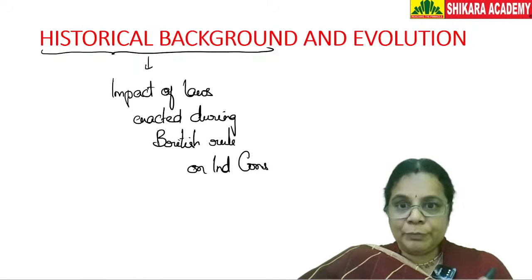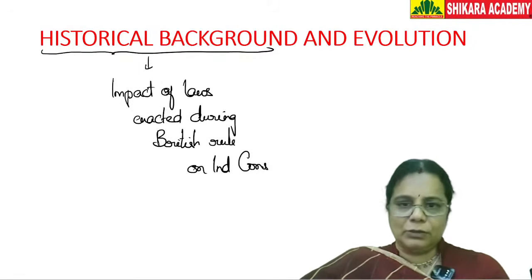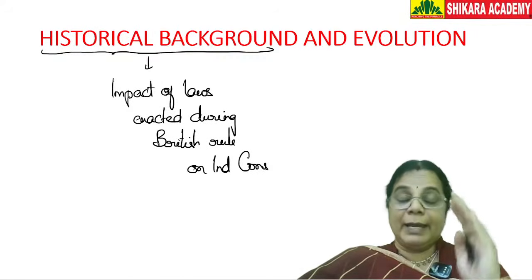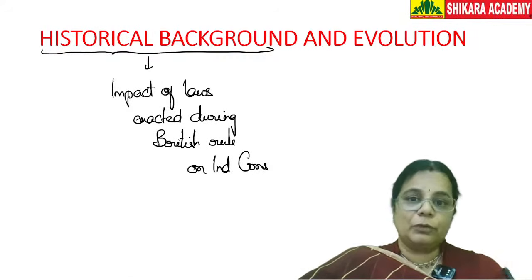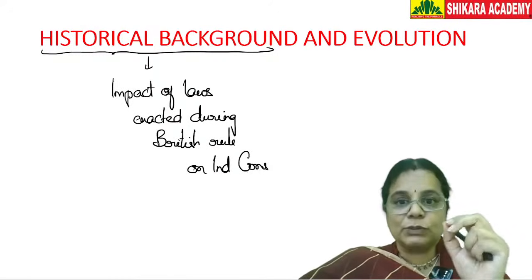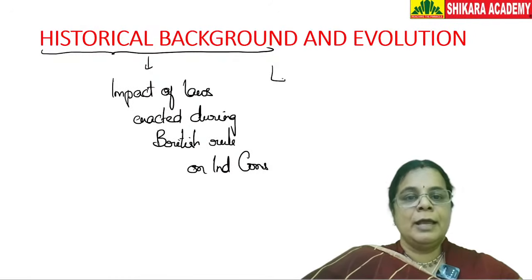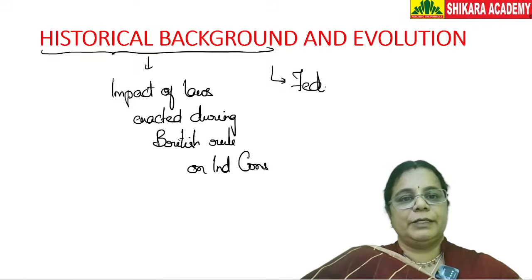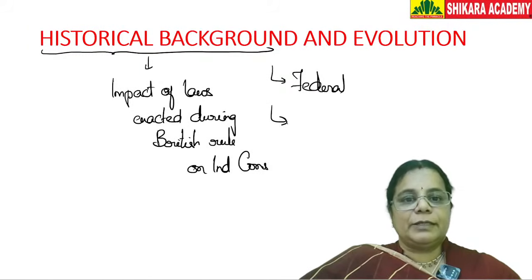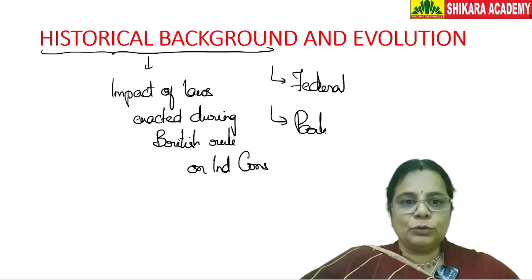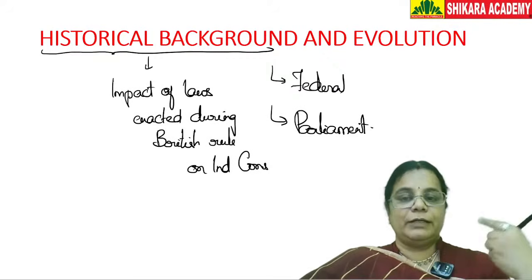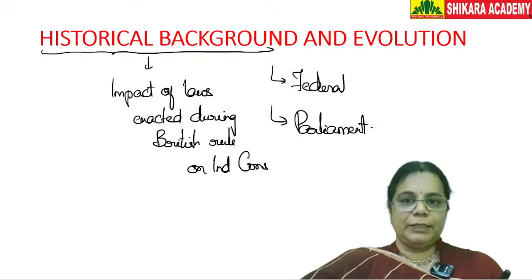the constitution. Remember, Britishers had enacted several laws when they were governing India, and these laws had a profound impact on the Indian Constitution, most importantly in two spheres. One is the federal structure of India, the other is the parliamentary form of government. As we all know, though Britain is a unitary form of government, it provided for a federal form of government in India.